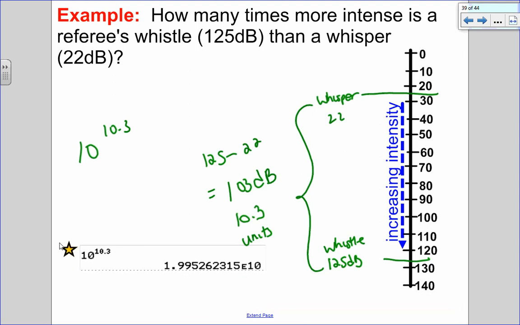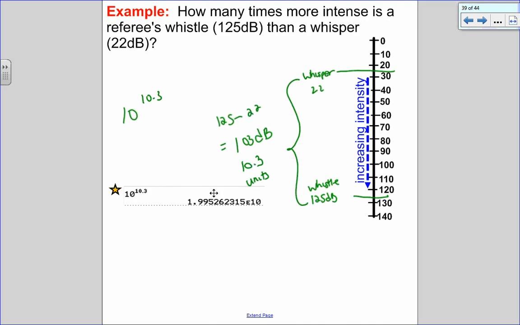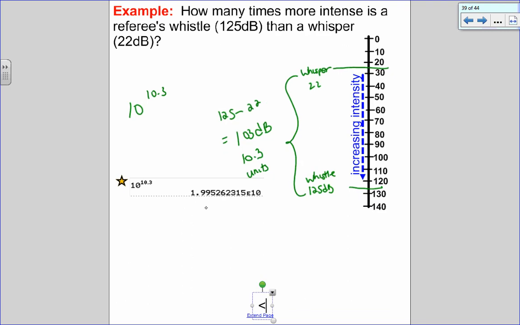When I put it into my calculator, it's so big that the calculator puts it into scientific notation. So this means 1.995262315 times 10 to the exponent of 10. Let's move our decimal place over 10 units. So I'm going to go 1, 2, 3, 4, 5, 6, 7, 8, 9, and I just need another 0 in there to finish it off.